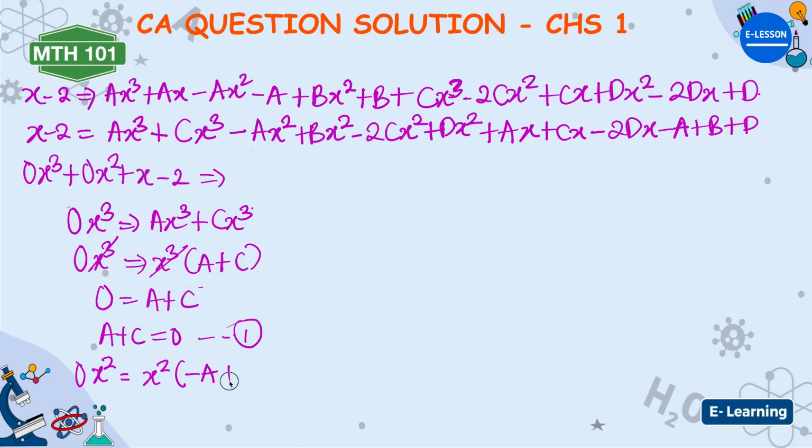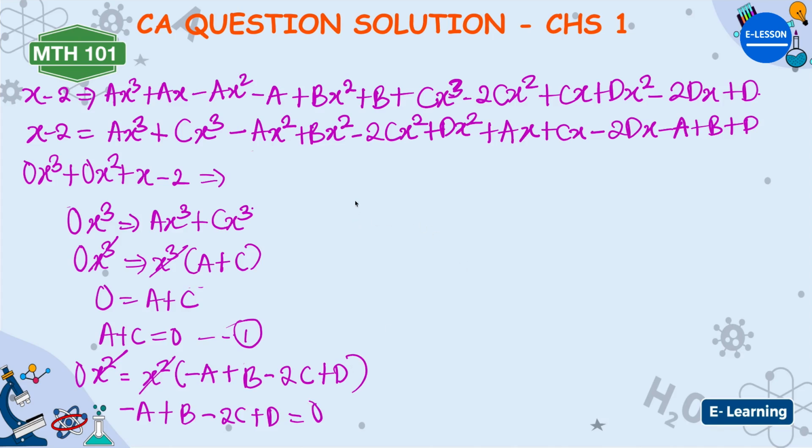Minus A plus B minus 2C plus D. All right? This one cancels this one. So we can say that minus A plus B minus 2C plus D is equals to 0.